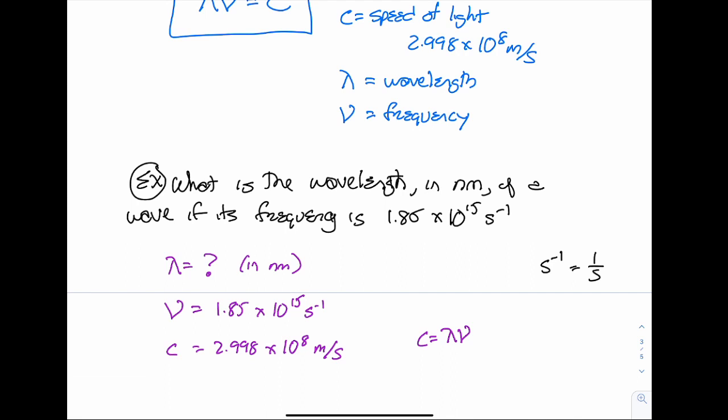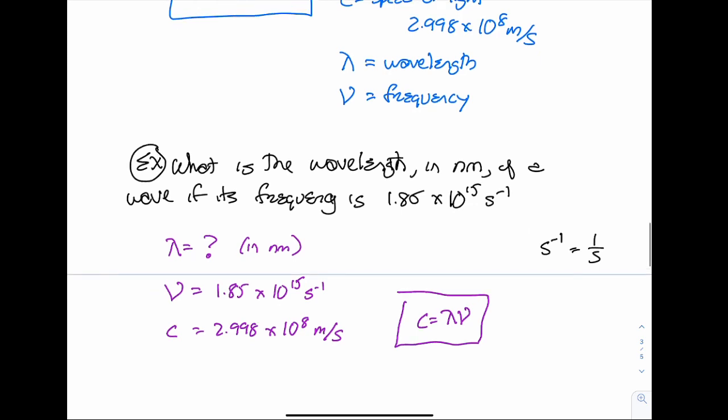I generally leave the constant alone and convert frequency, but either way, they just have to match. When I plug them into this equation to solve for wavelength, it will come out in meters, because the units on the speed of light are meters per second, and then we'll do a unit conversion when we're done.